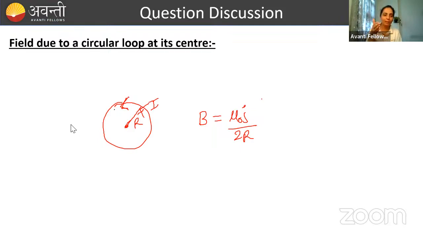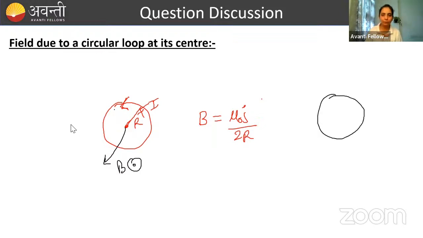If I curl my finger in the direction of current, then this thumb will give me the direction of magnetic field. And for this case, my thumb is going in which direction? Upward. It means magnetic field at the center is out of the plane. So here magnetic field will be in this direction. Dot indicates basically out of the plane.